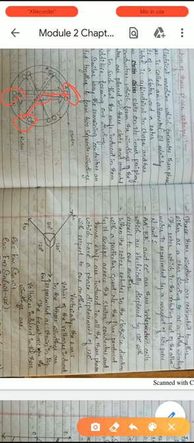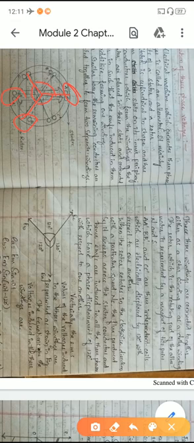Similarly, this is another. The angle between them is 120 degrees. The angle between this is 120 degrees. So the EMFs induced also have a phase displacement of 120 degrees with respect to one another.